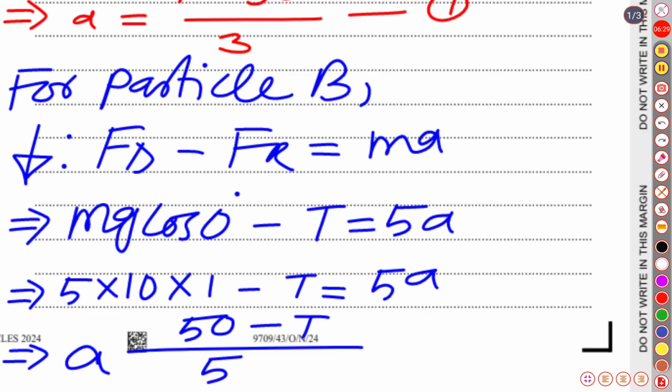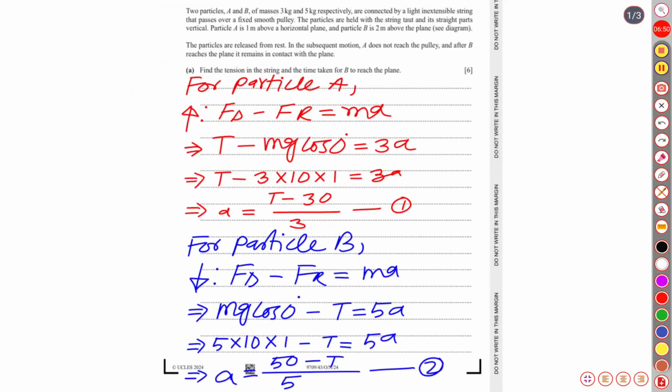As we have already decided that there will be two equations, we have formed both the equations, and in both of the equations the left side is nothing but a. So a is equal to this. Then if we resolve the forces simultaneously, let us see what the equations are.